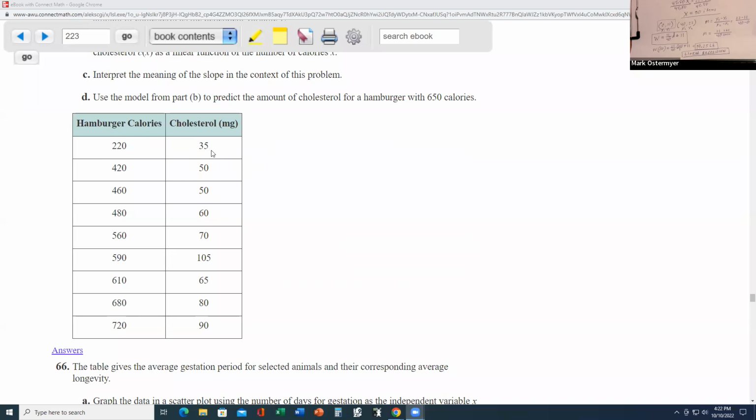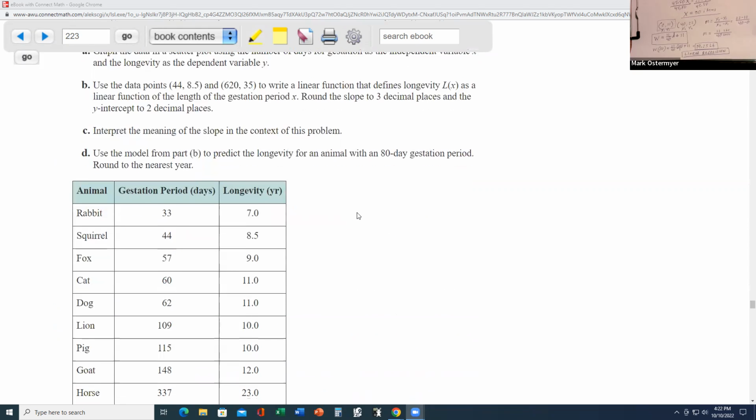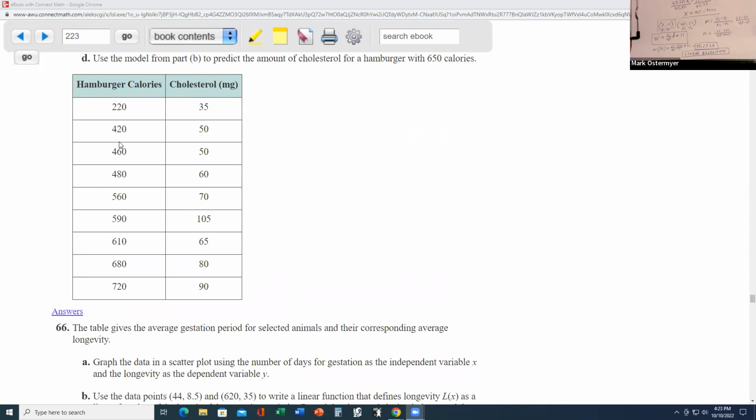By performing linear regression, we can crank out a linear function that models the relationship between the number of calories a hamburger has and the cholesterol in milligrams that it has. There is an example in our textbook that I will draw your attention to study. It also shows you the keystroking you can do on your calculator to crank out that linear regression equation.